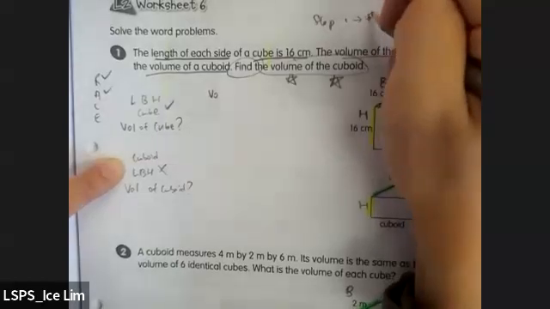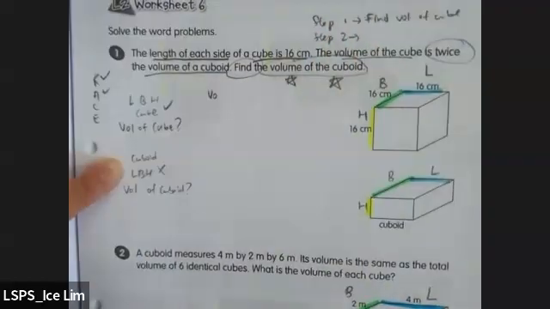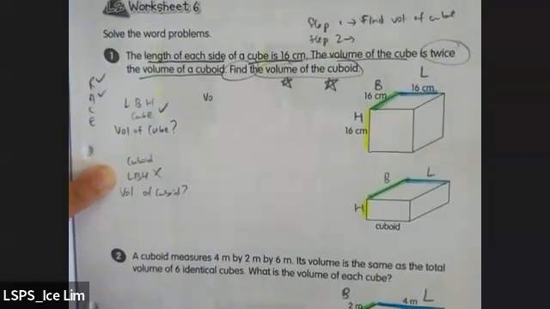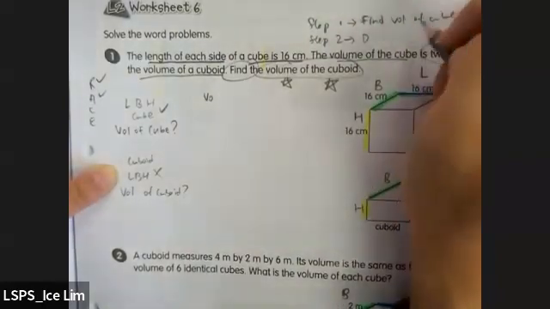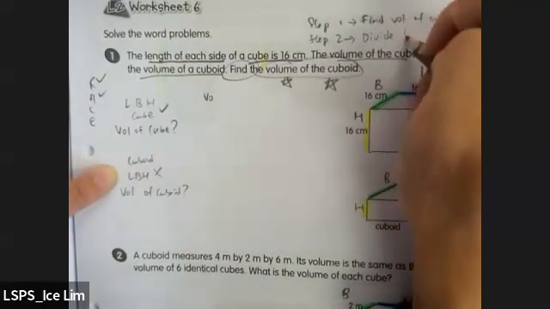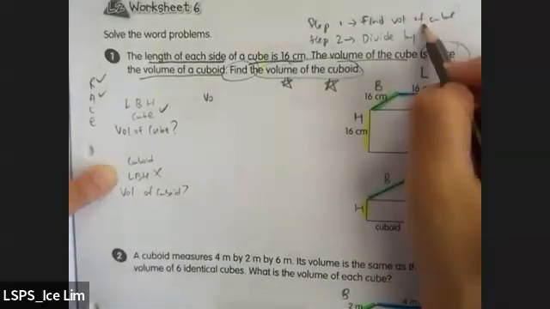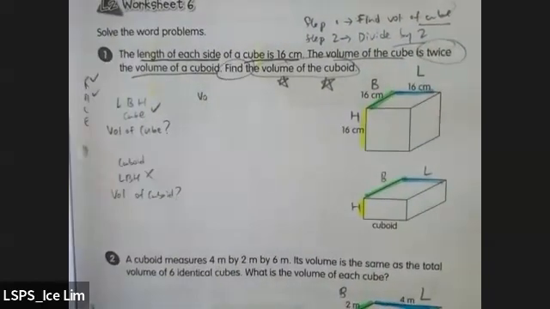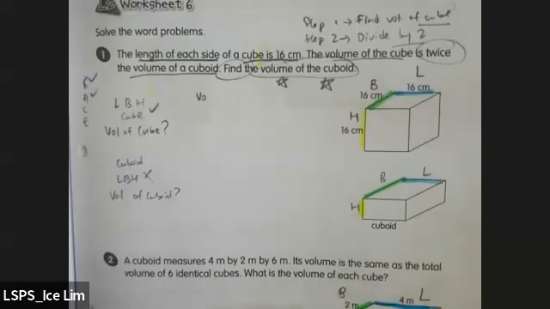Okay then, what's the next step? And then you divide by 2. Divide what by 2? Divide the volume of the cube by 2 to find the volume of the cuboid. How do you know? Because they say the cube is twice the volume of the cuboid. Okay, thank you very much.